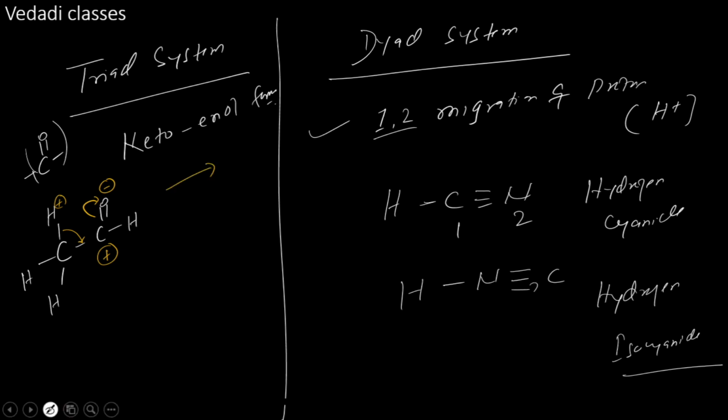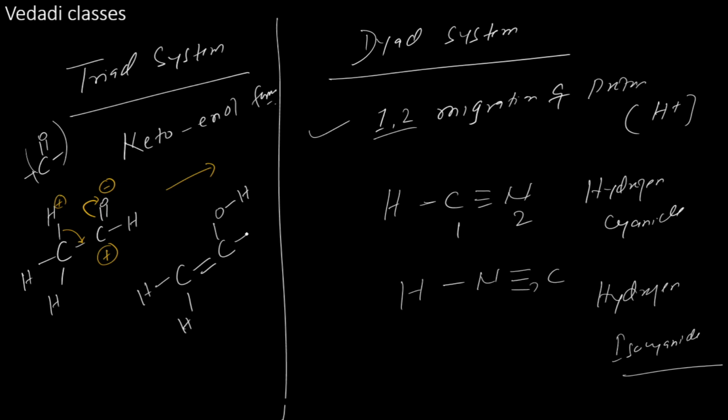Have a look here. This hydrogen will come over here because this is plus charge, this is minus charge, and this becomes a single bond because the electron has transferred from here. So the structure will be just like this, CH2, the double bond over here, and the oxygen has this hydrogen H over here.